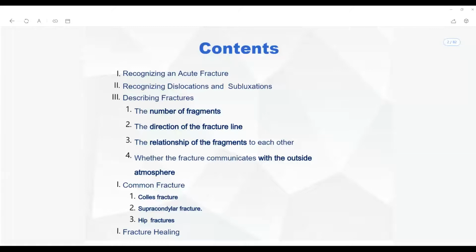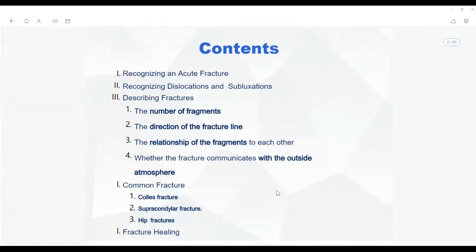All right. So yesterday we were trying to understand the basic things related to fracture appearance on radiology. So today we will try to learn more about recognition of a fracture and then recognition of dislocations and subluxations, and try to describe the fractures according to the number of fragments, types of fracture lines and relationship of the fragments to each other, right?